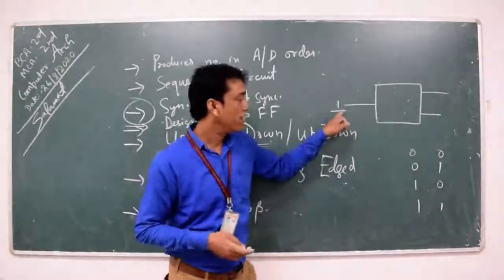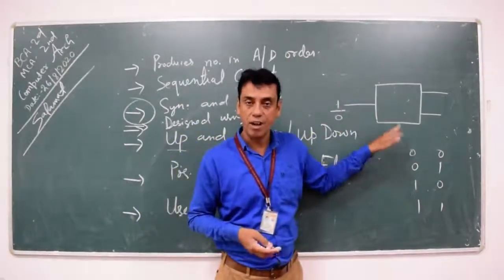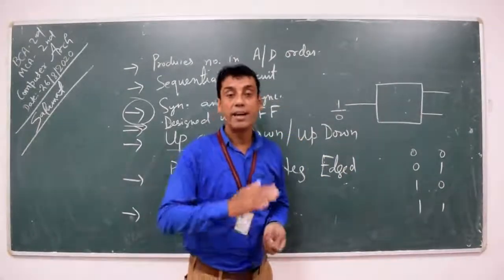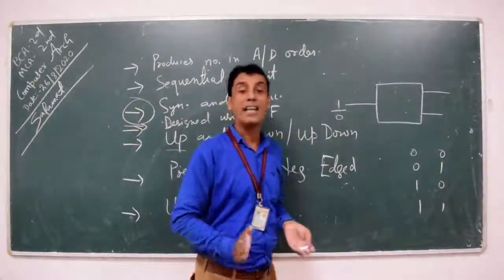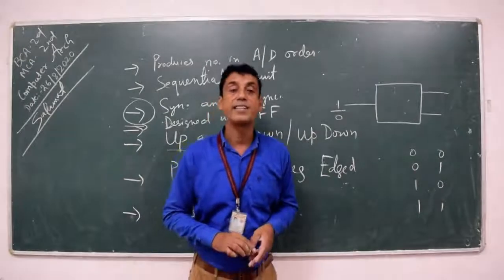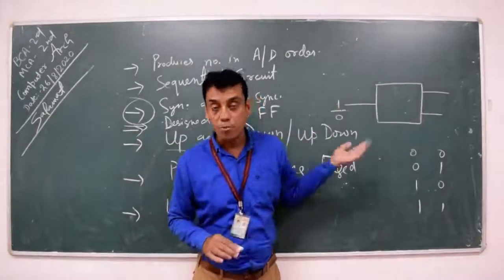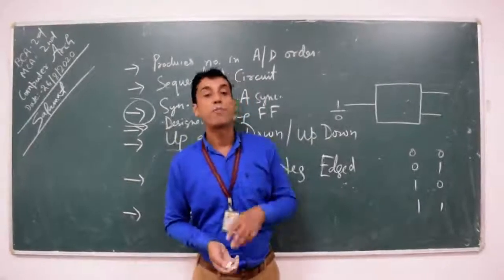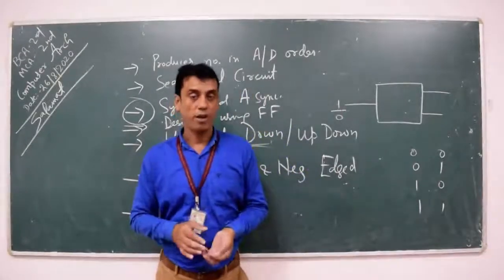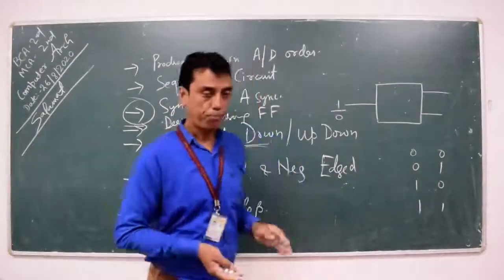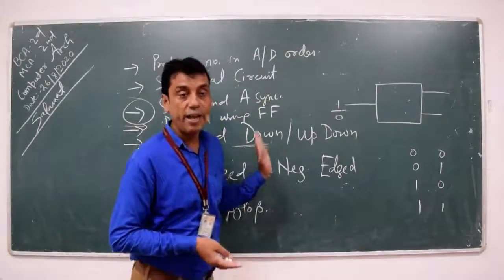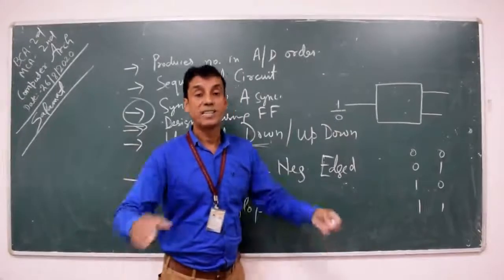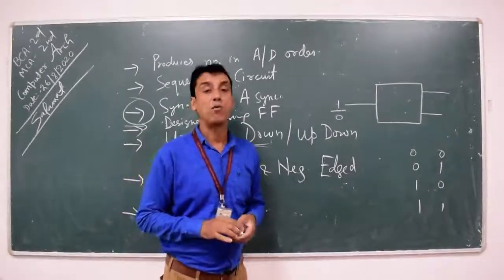When you start noting down every time the counter is triggered, you will find that it produces binary digits either in ascending order or in descending order. If it produces in ascending order, then it is up counter. If it produces in descending order, then it is down counter. And technically, counters are divided into synchronous and asynchronous counter.